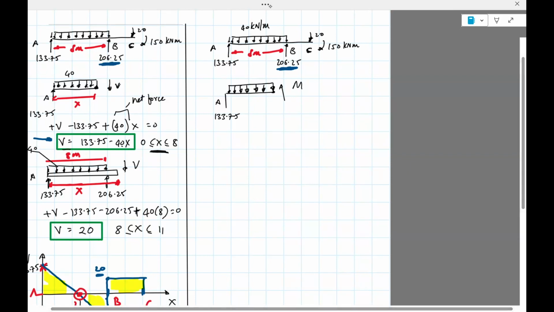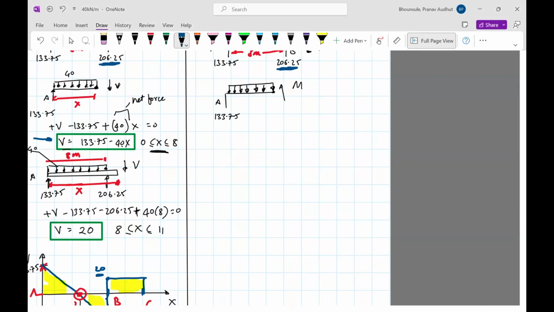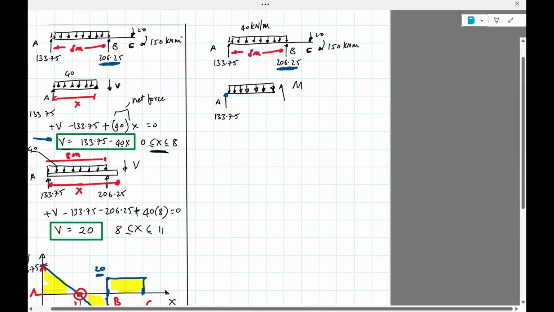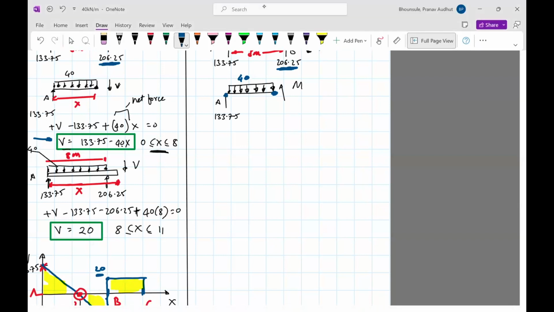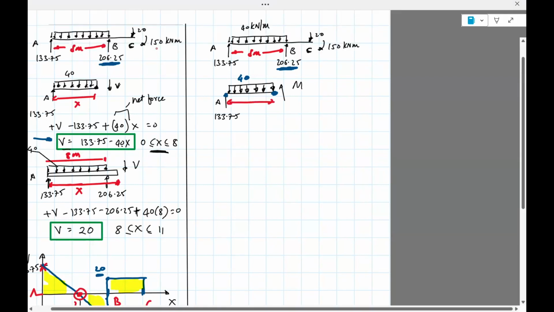So we need to write an equation for M. We always take moments about the point where we put the cut. And this is 40, and of course this is x.